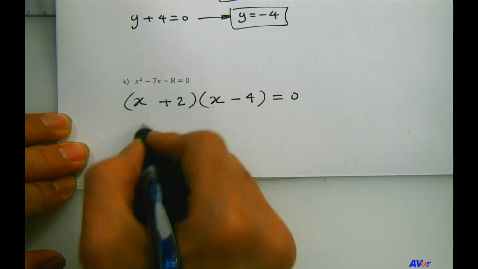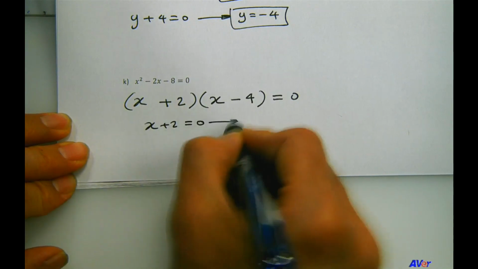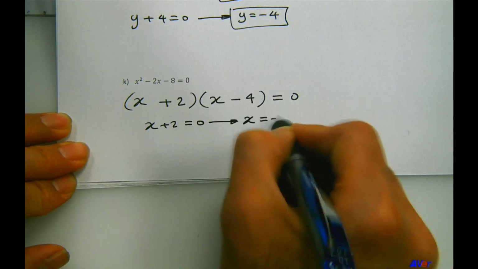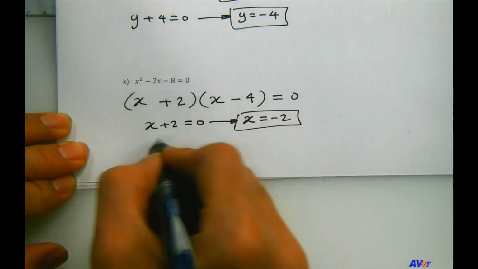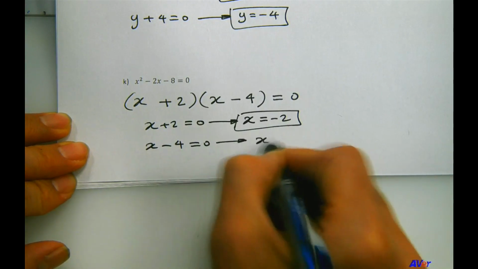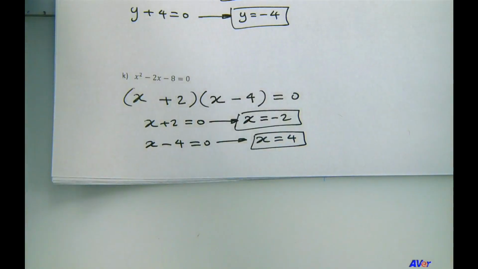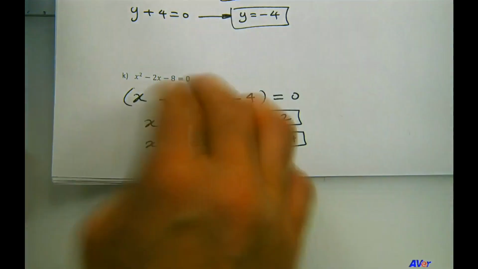So by zero product property, let's set each factor equal to 0 and solve for x. Like that. Okay. All right.